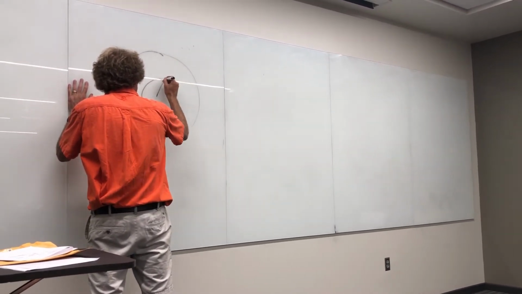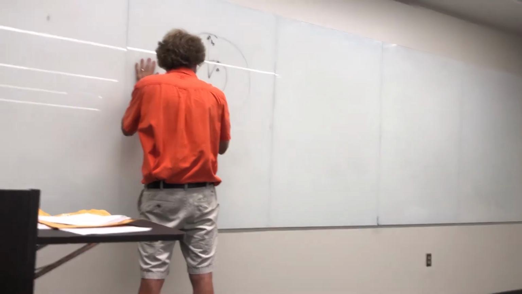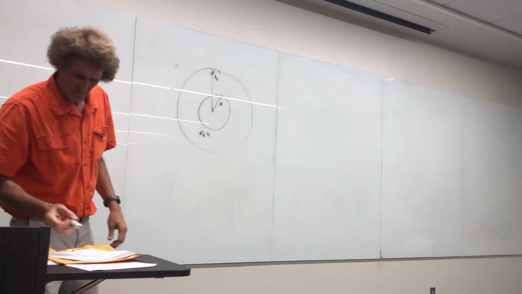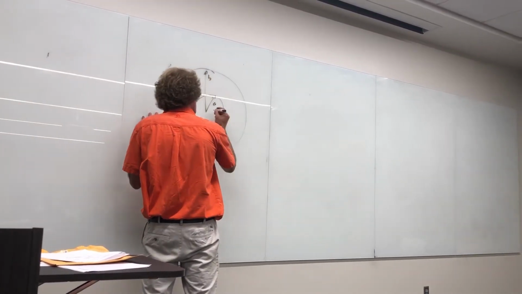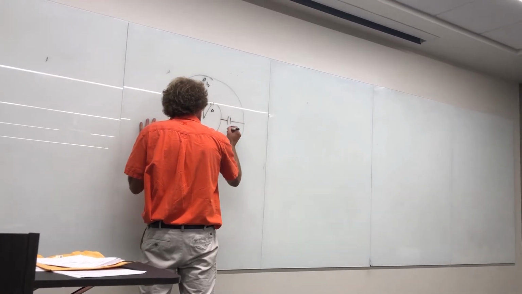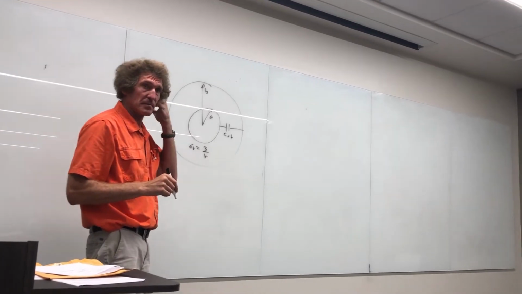So it has inner radius A, outer radius B, and it's got an epsilon relative here of 3 over R. So what I want is this effective capacitance right here. And it's spherical, correct, class?